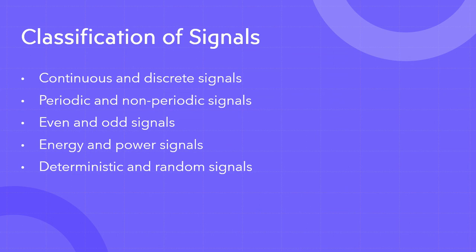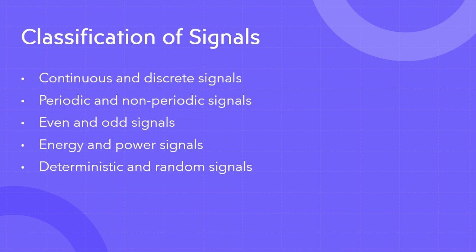The definition does not make it very clear, but when you see the condition, when you give a negative input to an even signal, it will give you the positive output. But if you give a negative input to an odd signal, it will give you a negative output. So we will discuss the conditions for a signal to be even and odd in upcoming lectures, most probably in the very next lecture itself.